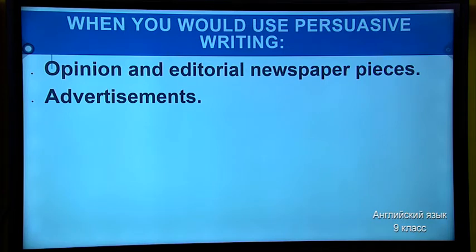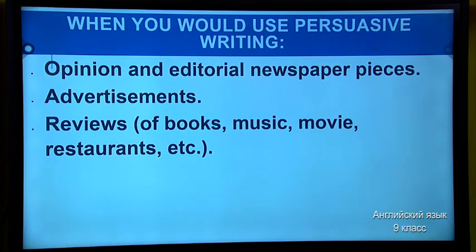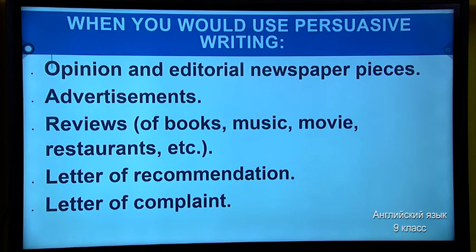Next one, advertisements, reviews of books, music, movies, restaurants, letters of recommendation. Next one, letter of complaint, cover letters. So, did you write these writing steps?